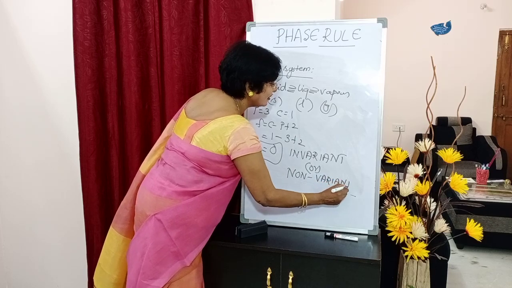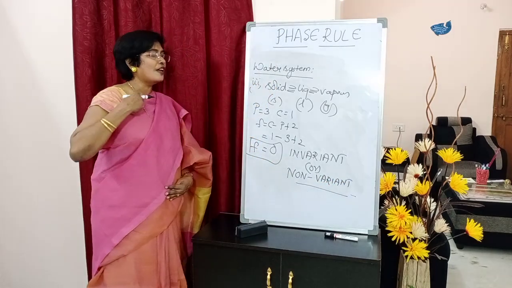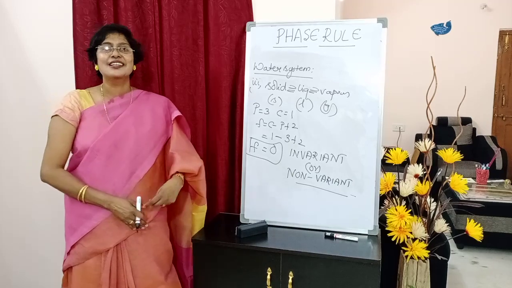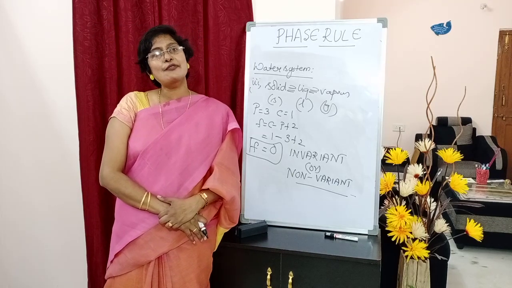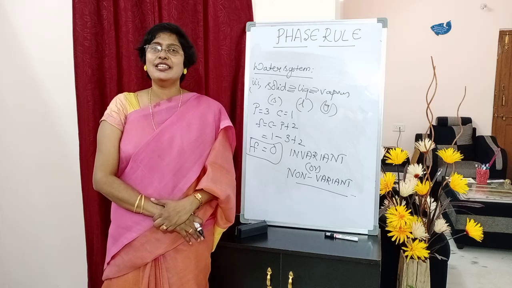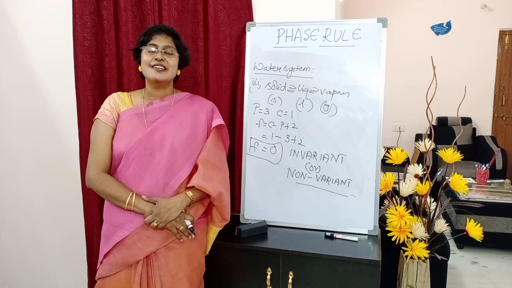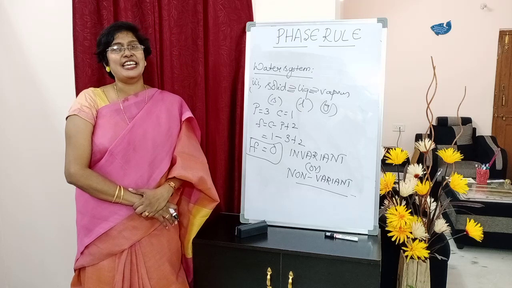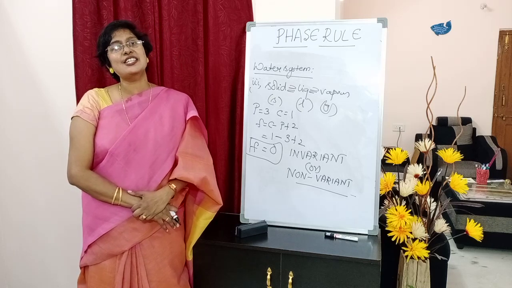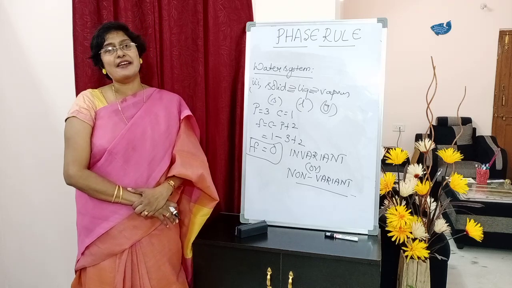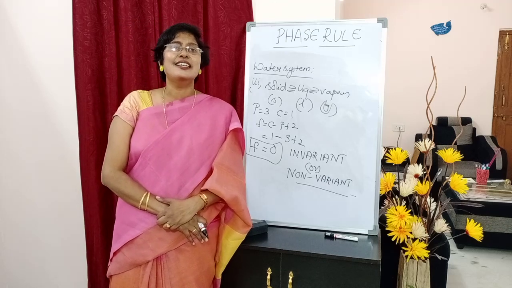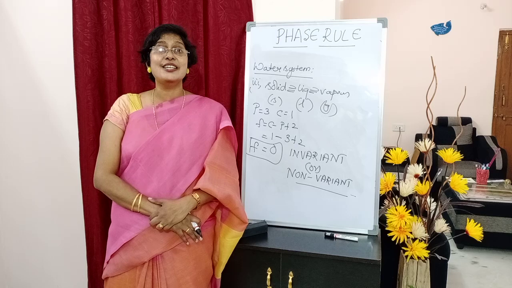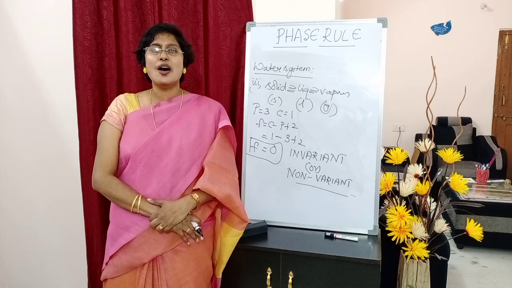Non-variant. Now tell me, what is the meaning of non-variant or invariant? When F is equal to 2, what did I tell you? Both the factors you can change without changing the phase. When F is equal to 1, you can change either temperature or pressure. That means value of one factor can be changed without changing the number of phases present at equilibrium. Then what is 0? You cannot change either temperature or pressure.